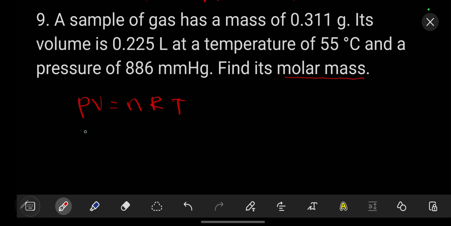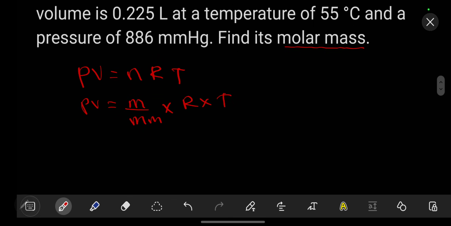We know that the number of moles is equal to the mass over the molar mass, then we multiply times R times T. The next stage is to make the molar mass the subject of the formula.